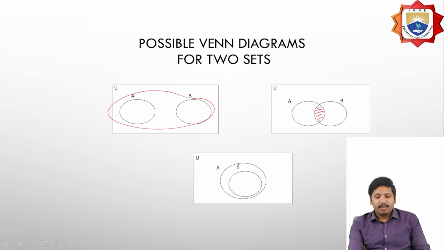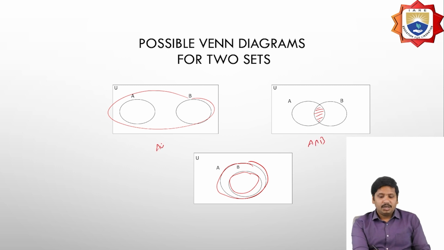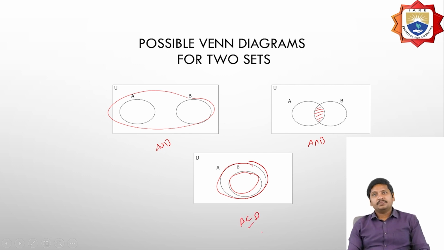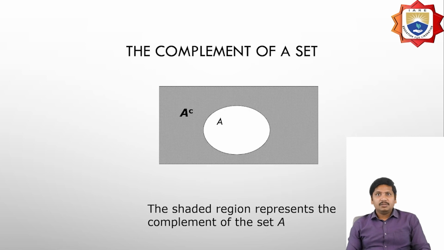If I write like this, B is a subset of A. A intersection B, A union B, all the elements that are present in set A and set B, and A should be a subset of B. So how is the complement of the set represented?